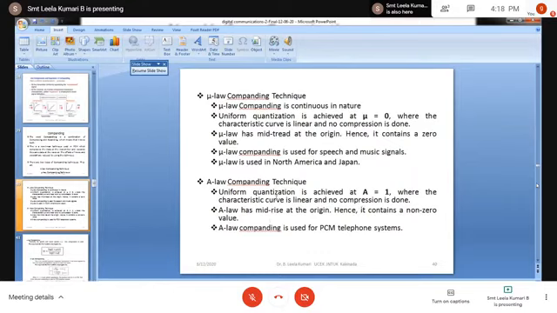A-law has a mid-rise at the origin, so the origin is in the mid-rise position. Hence, it contains a non-zero value. Therefore, the number of levels in A-law compounding is 2 to the power of n, whereas in Mu-law compounding the number of levels is 2 to the power of n minus 1. These are very important in order to solve problems. A-law compounding is used for PCM telephone systems.